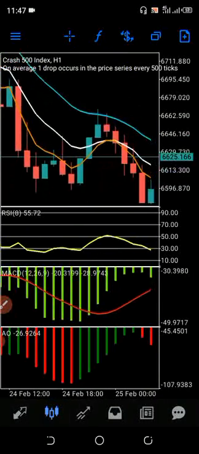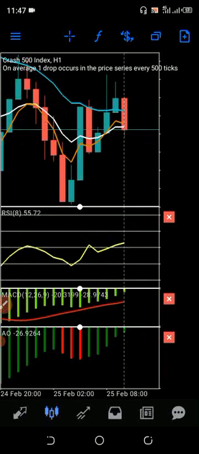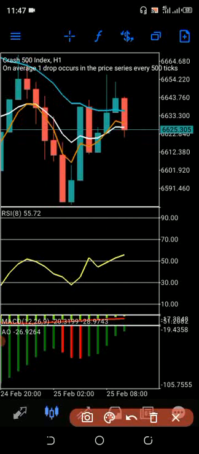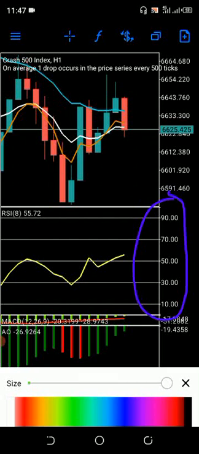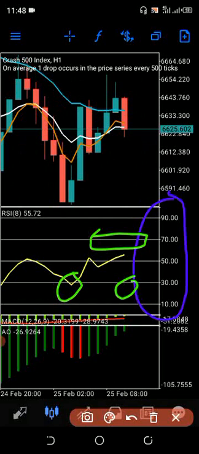There you will see that the relative strength index has 90 to 10 levels, and once it gets to 70, it has entered the overbought level, and once it comes to this place like here, it has entered the oversold level.